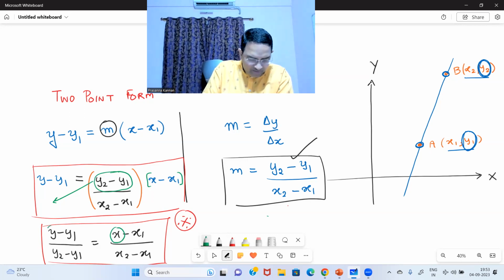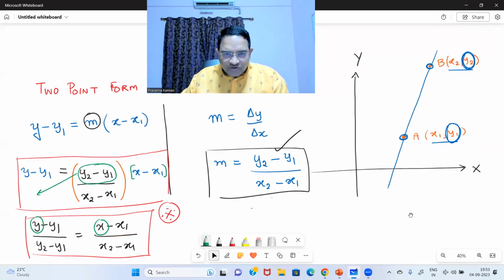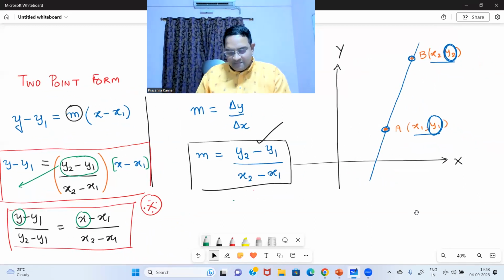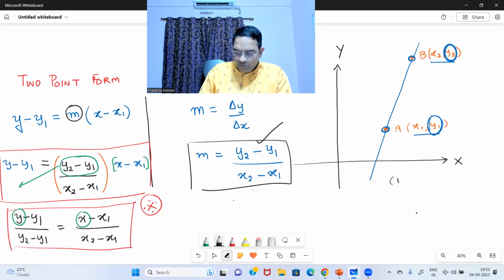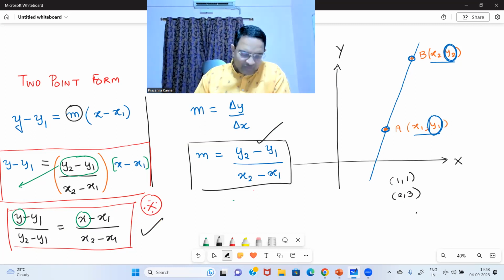Your x and y are your variables. x1, y1, x2, y2 are all numbers known to you. Let me give you one example. Find the equation of a straight line passing through 2 points, 1, 1 and 2, 3. Quick. What do you need to do? Just use this equation.